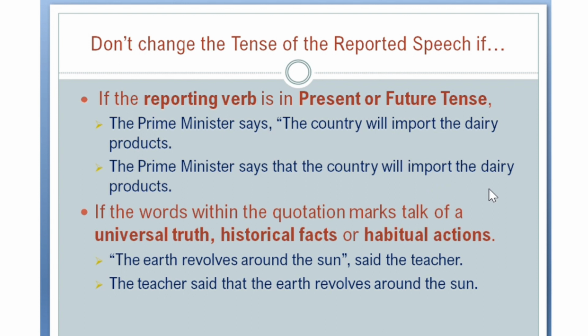The second condition is if the words within the quotation marks talk of a universal truth or historical facts or habitual actions. In these cases also, the tenses of the reported speech will not be changed. Have a look at this example.